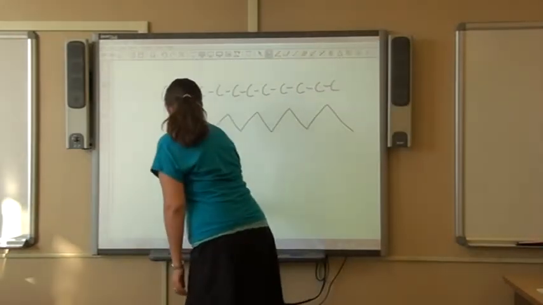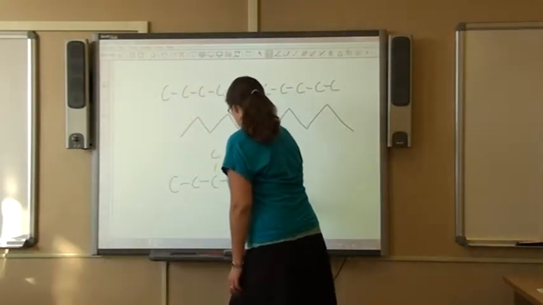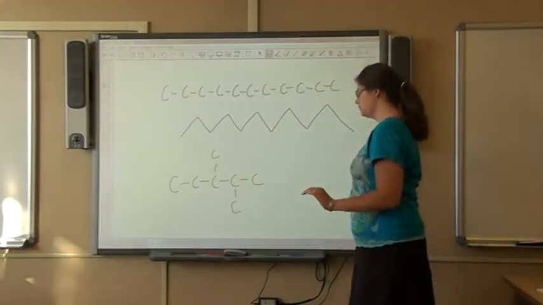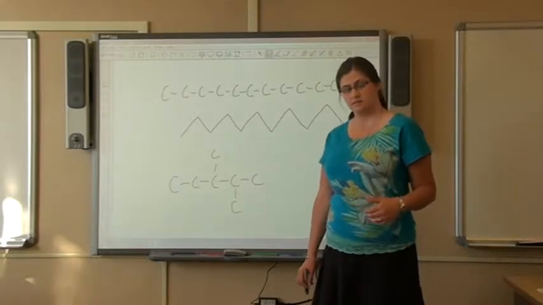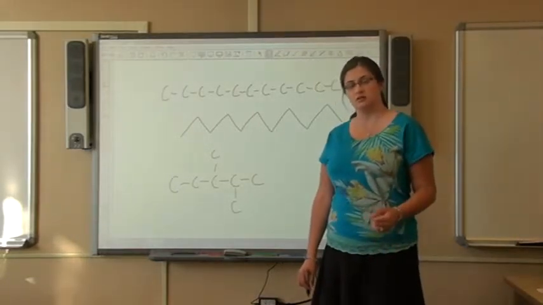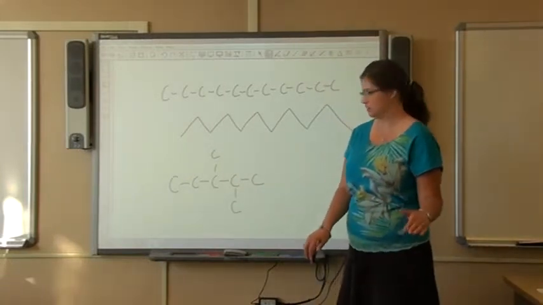Now let's talk about when we have something like this. Here we have 7 carbons, but they're not all in a chain. This is what we call a branched compound, because it looks like there are little branches coming off your long chain.